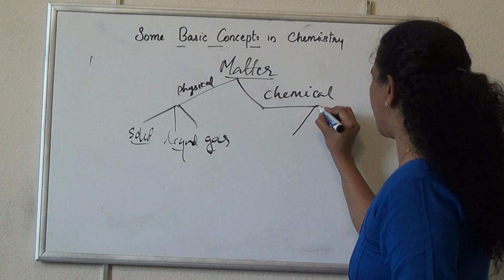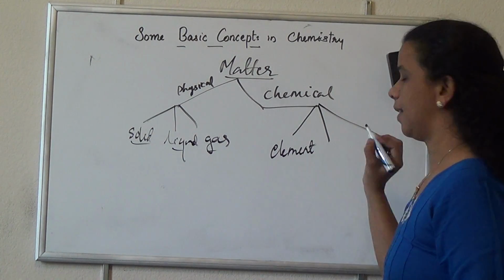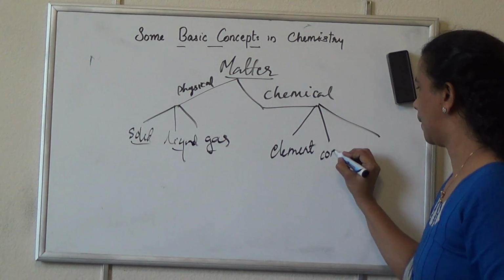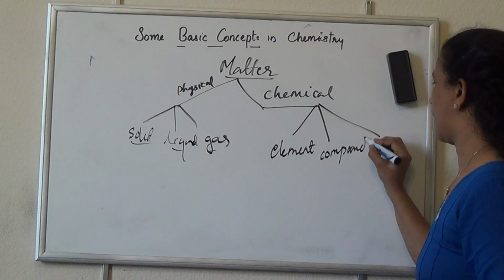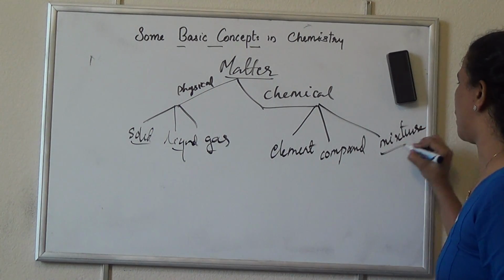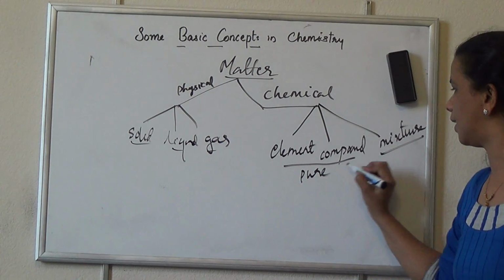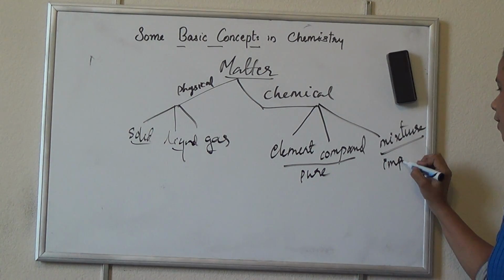Chemically, they are classified into three. What are they? Element, compound, and the last one is mixtures. This is the impure form of matter. The first two are pure forms of matter, and this is the impure form of matter.